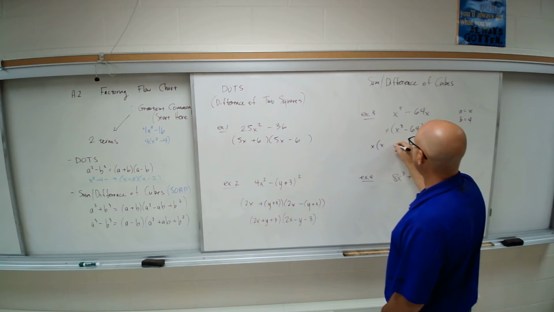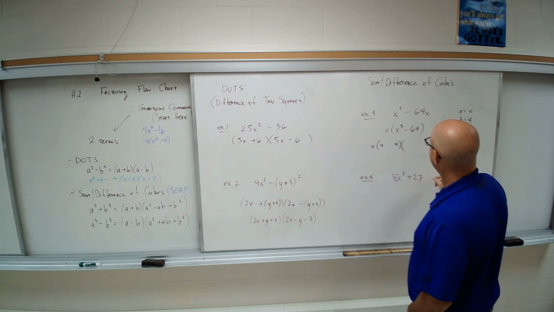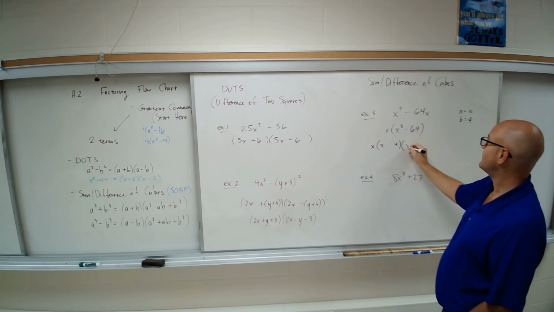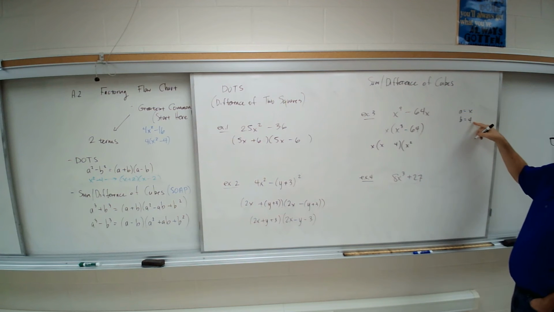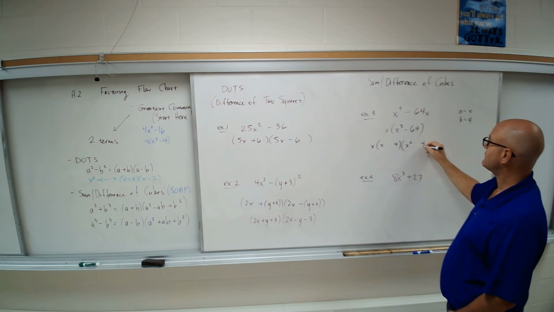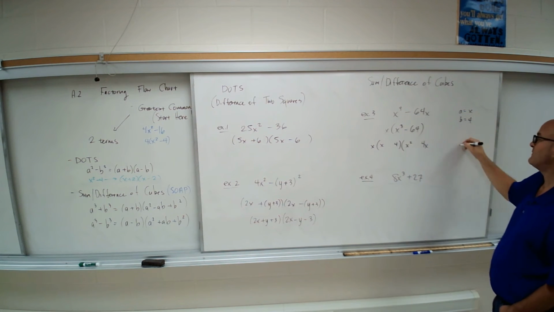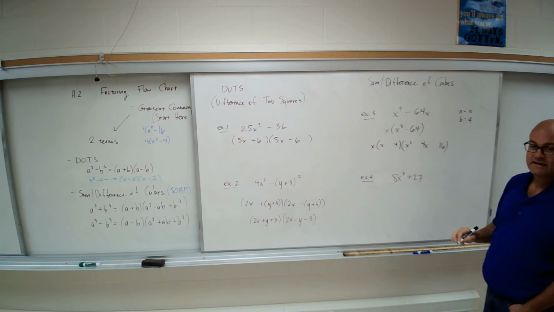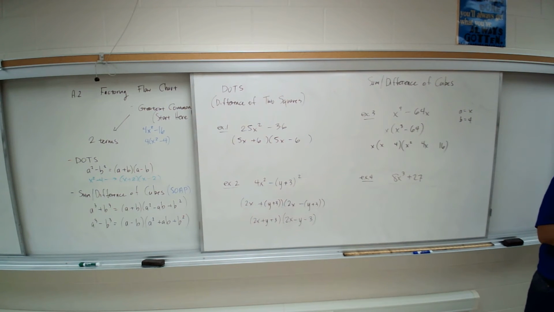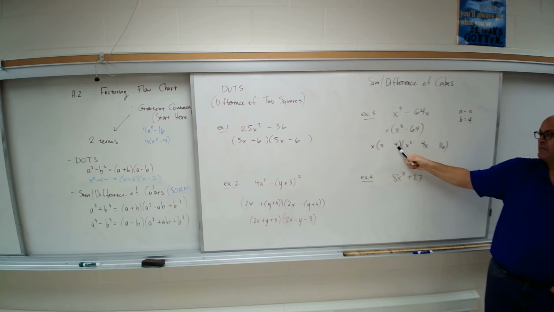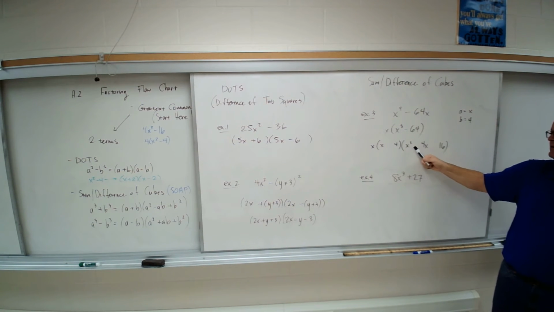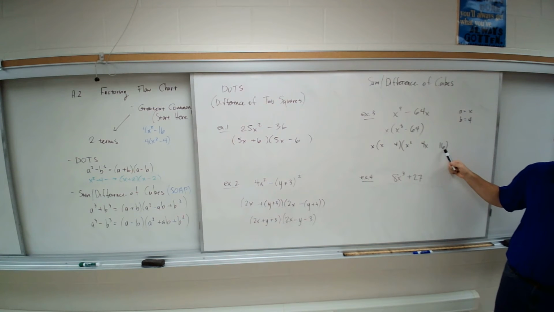I'm not going to worry about my positives or negatives yet. A times a, which is x squared. A times b, which is 4x. And b times b, which is 16. So again, I haven't put any addition or subtraction yet. Remember, we have a, b, a squared, ab, b squared.